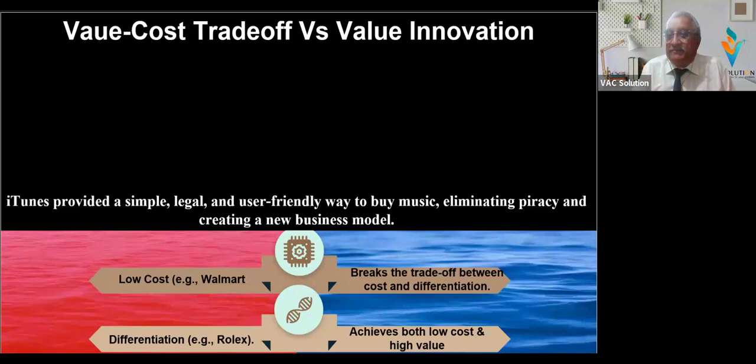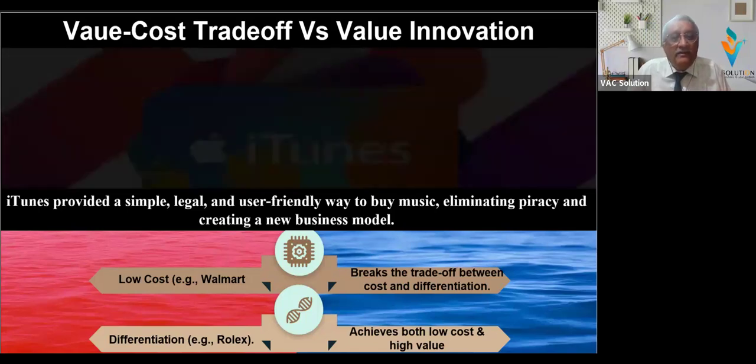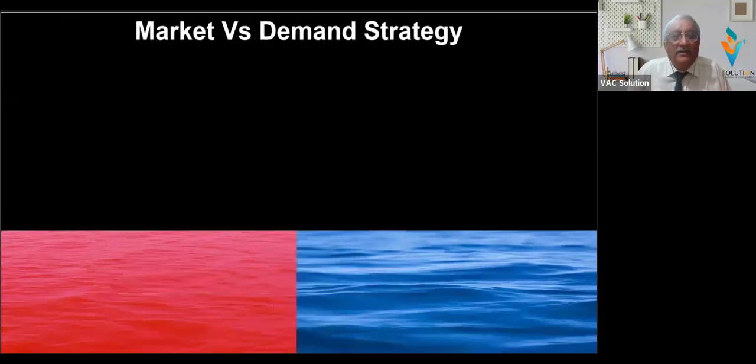Value is for the customer. Your objective should be to position your product on value, not on price, and benefit from cost differentiation.